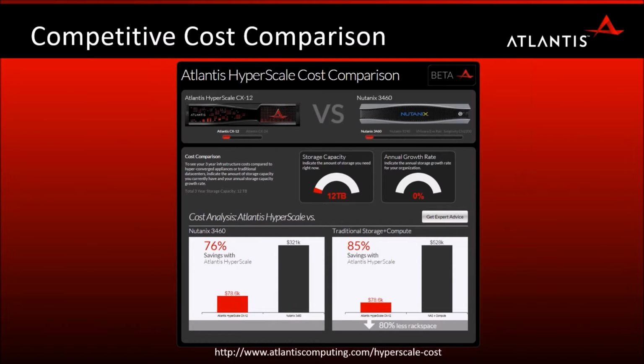The link for the tool is right below the image. You can see how the technology we have has really enabled us to disrupt this market in terms of cost, performance, and capacity.